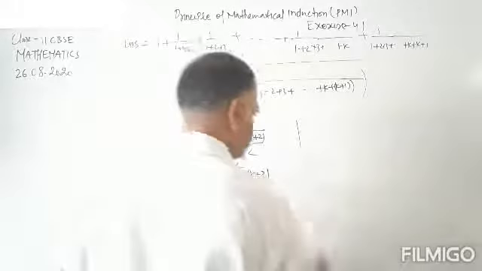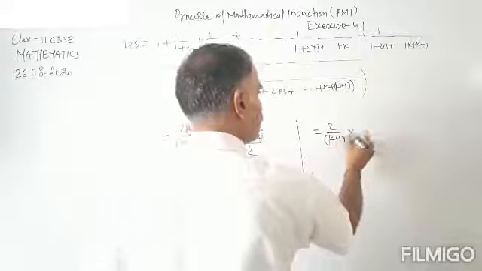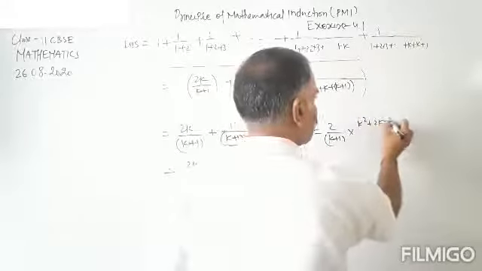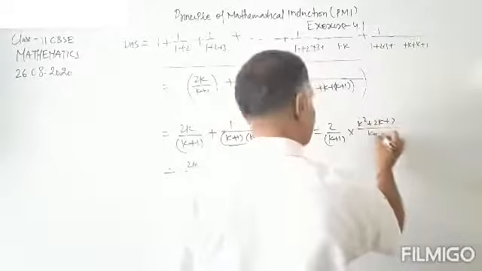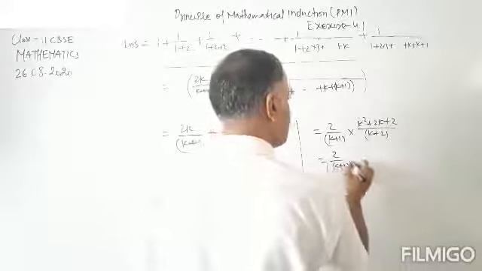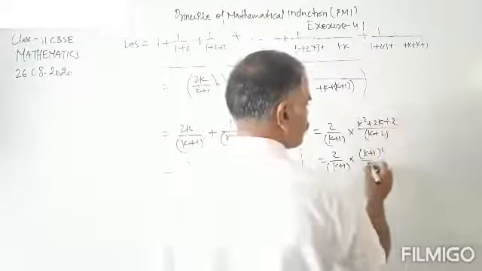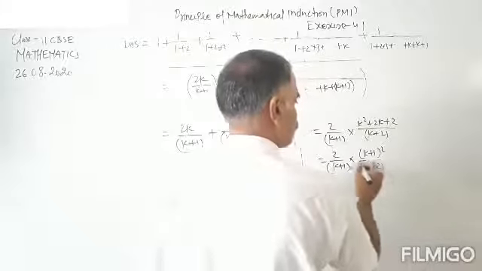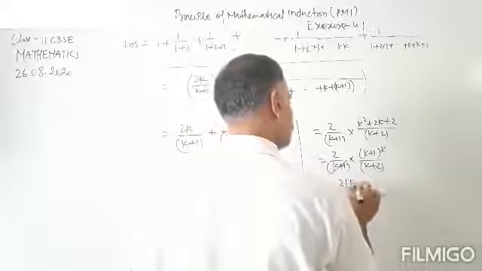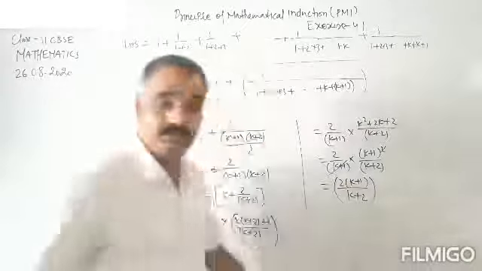Equal to 2 upon k plus 1 multiplied by k square plus 2k plus 2 upon k plus 2. So this is equal to 2 upon k plus 1 into k plus 1 square upon k plus 2. k plus 1 will cancel k plus 1, giving 2 into k plus 1 upon k plus 2. That is what we want to prove.